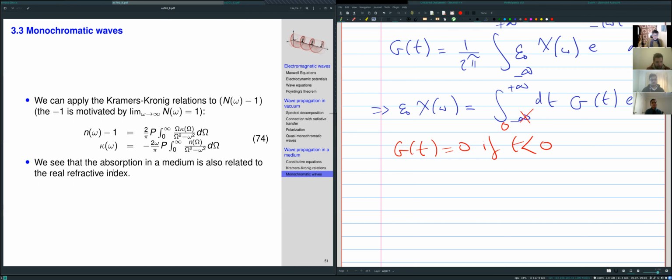Okay, so why is this really important to us? Well, because in astronomy, we have to deal with extinction all the time, and extinction then comes from this part, from the kappa. Now, how do we calculate the kappa? We calculate the kappa based on the other component, the real one.